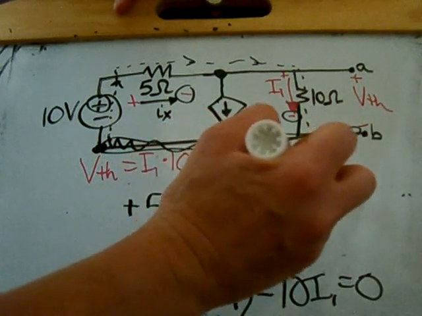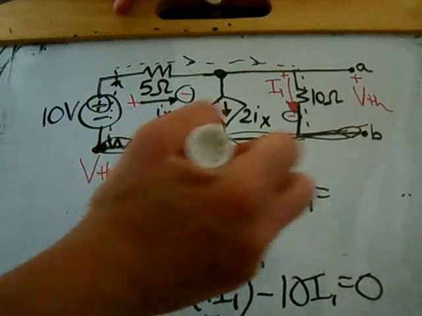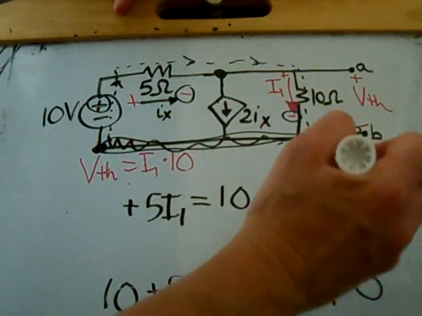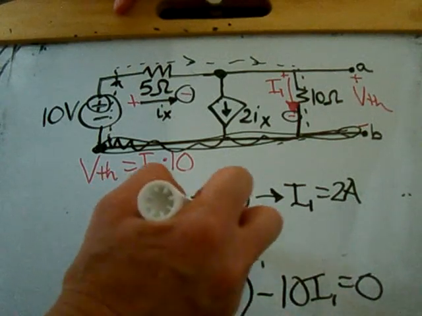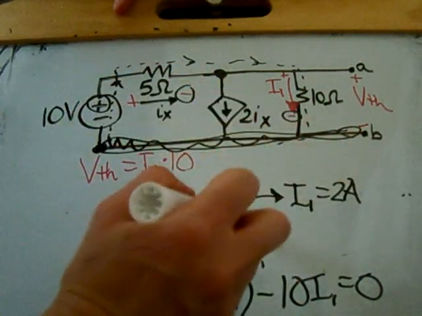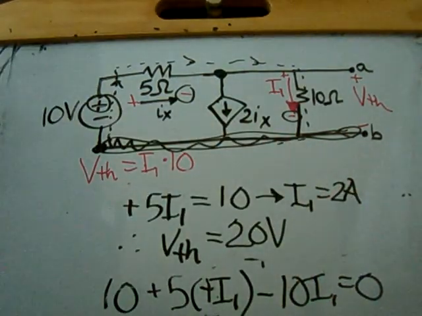And I get that I1 will be equal to 10 divided by 5 is 2 amps. So then we know that VTH will be equal to 2 times 10, so I get 20 volts. So this would be my answer for VTH.